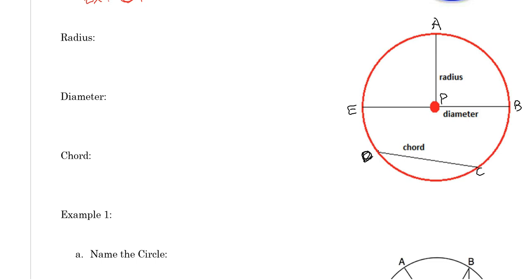So what is the radius of a circle? The radius is the distance, and we've looked at radii before.